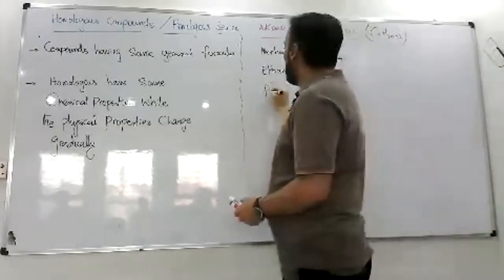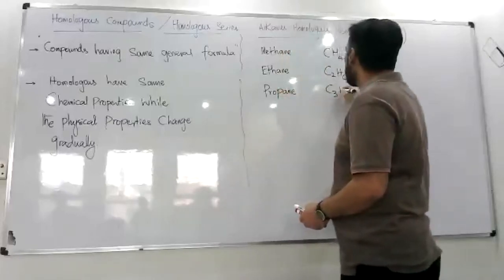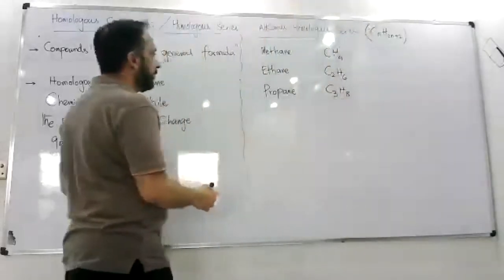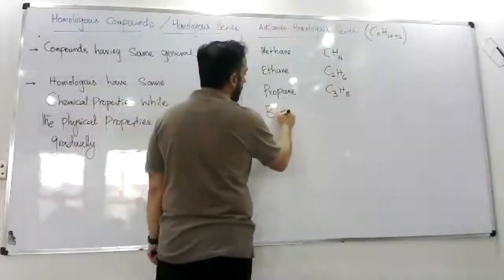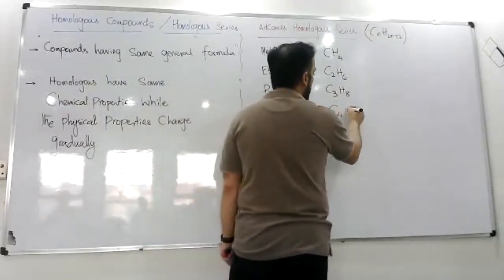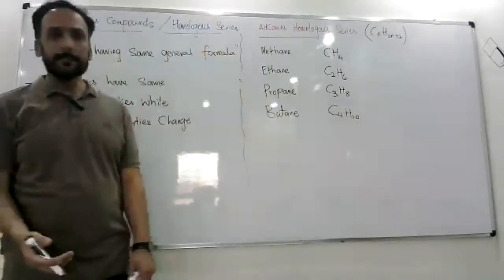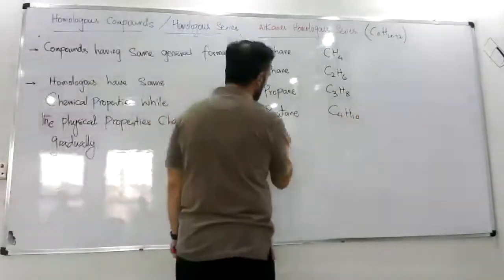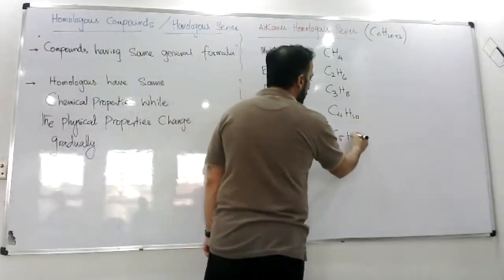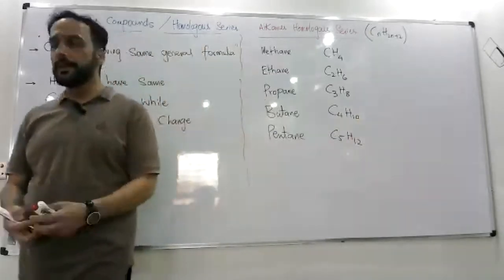Then we have this propane, that is C3H8, and then we have butane, which is C4H10, and then pentane. Pentane will be C5H12. Every time we have one more carbon and two more hydrogens, right?